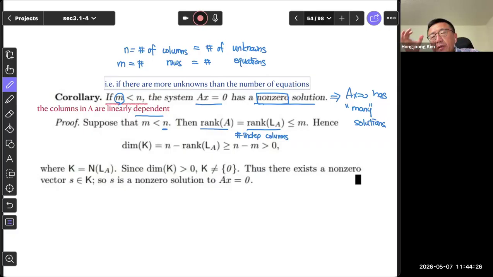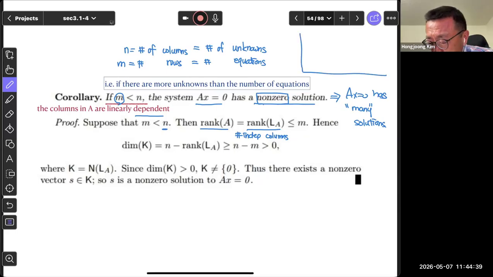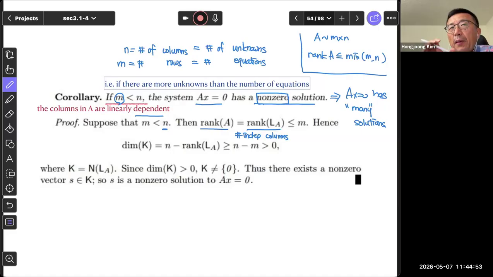And as I said, the rank of a matrix is bounded by the number of rows and the number of columns. That was the claim I mentioned at the end of the class: if A is an m by n matrix, the rank of A is bounded by the minimum of m and n. So if m is less than n, the rank cannot be greater than m. So this rank will be bounded by m.